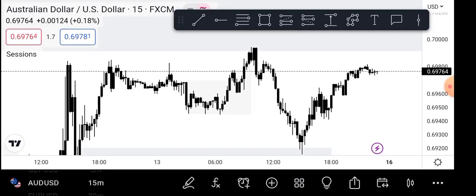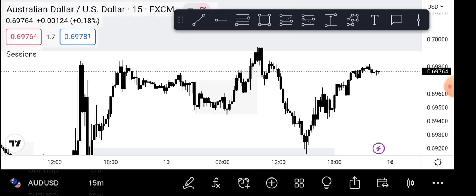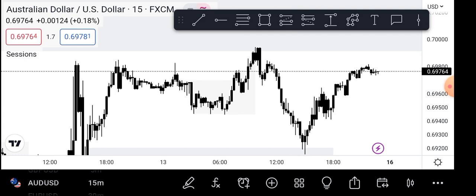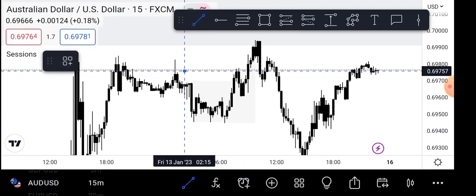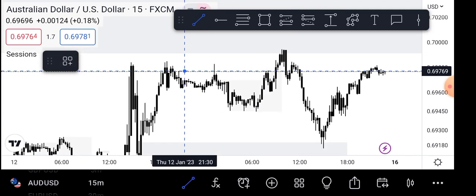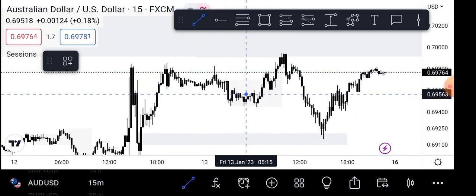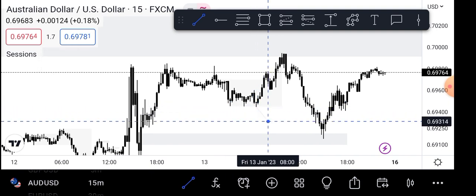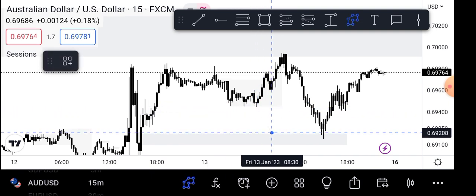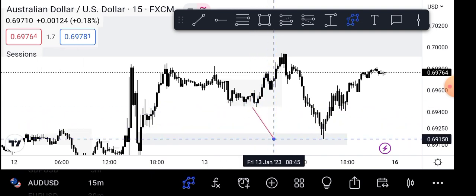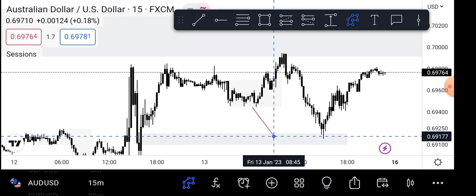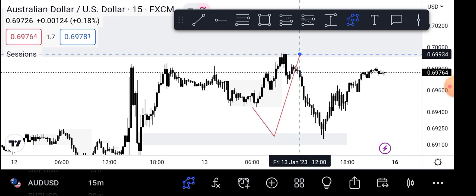Now at the 15 minutes time frame, first of all, I was expecting price to make its way here to this demand zone to continue upwards.